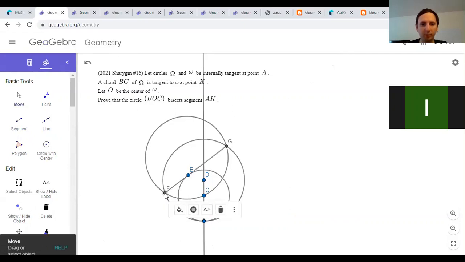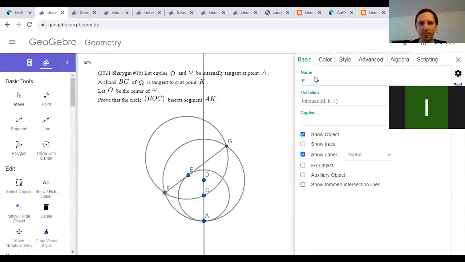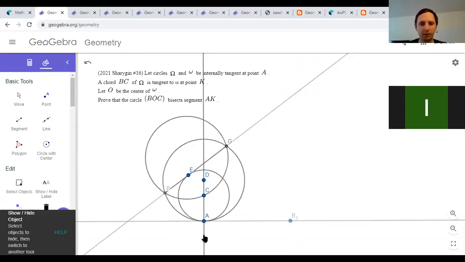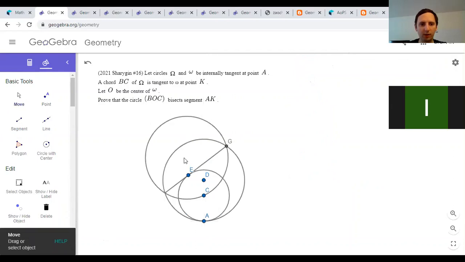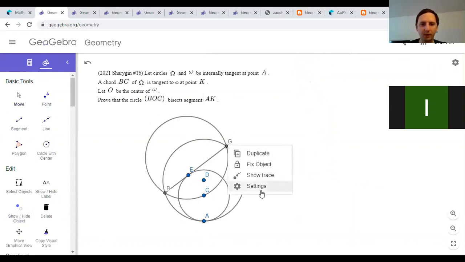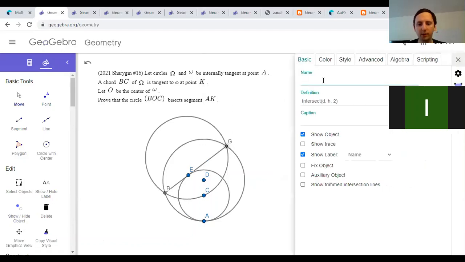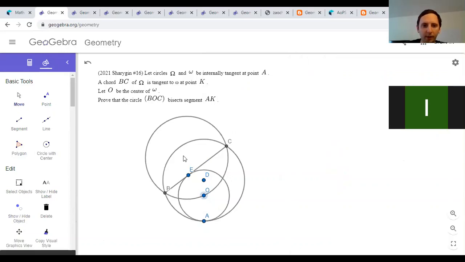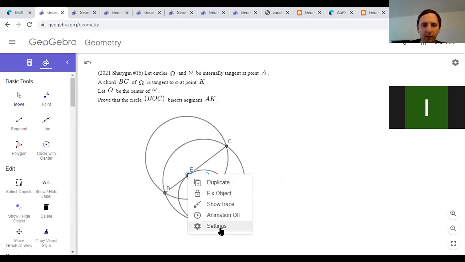And these are B and C. I'll call this B. Whoops, I didn't hide this. That's B. That's C. This is O. I'll just leave the other 2 points the same names. We want to show that circle bisects AK.